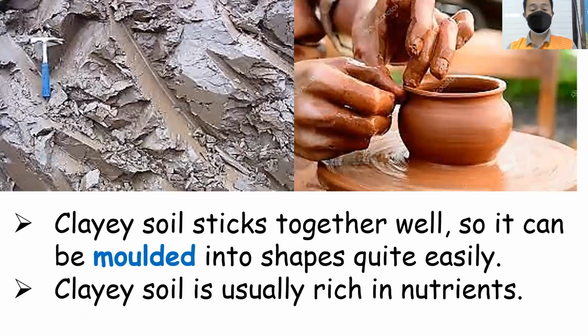So remember this one, that clay soil is the best soil for what? Making pots, because it can be molded into shapes quite easily, like this one. You can make pots, but I have another topic for this one.